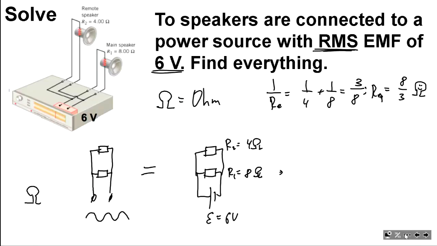Now we can replace this circuit with an equivalent one, R equivalent, and now of course we can calculate electric current. It has to be equal to voltage over resistance, which is 6 over 8/3.